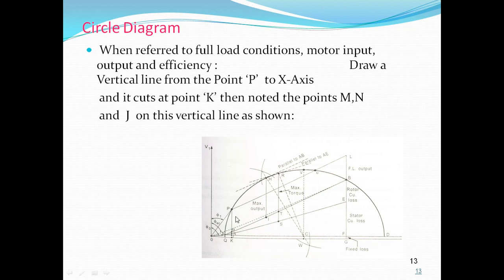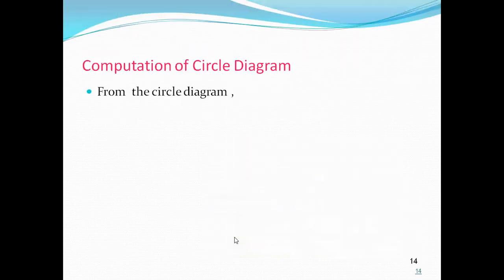So this is the full load condition. At the required load, OP represents the required full load current and full load angle, cos phi 1 is the power factor, MN represents rotor copper losses, NJ represents stator copper losses, and JK represents fixed losses, that is FG.